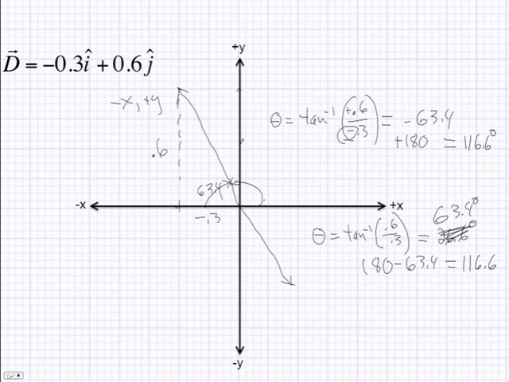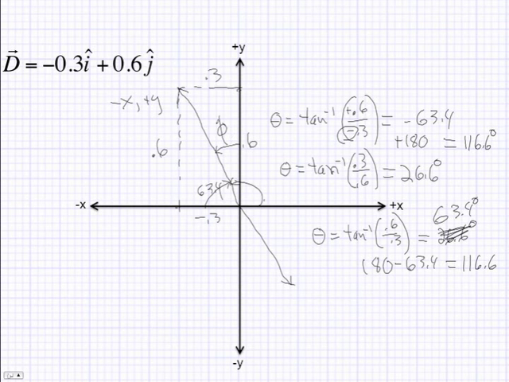Somebody else might say, hey, I'm going to get this angle, call it phi. And so here in this case, opposite phi is 0.3, and adjacent to phi is 0.6. And so tangent inverse, so now 0.3 is opposite, 0.6 is adjacent, and now I get the 26.6 degree angle.